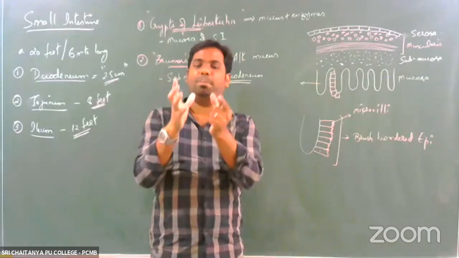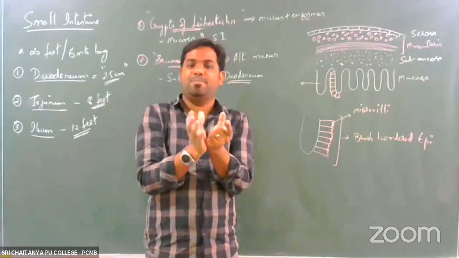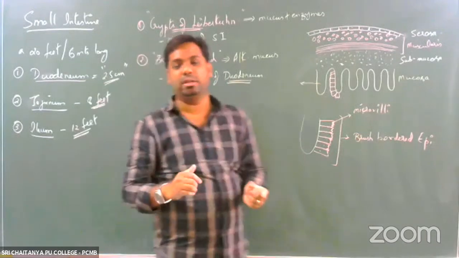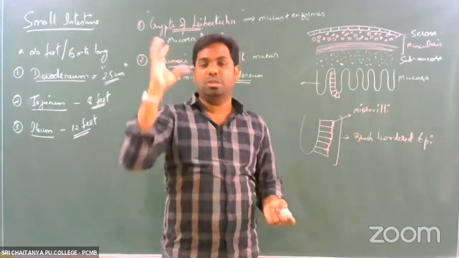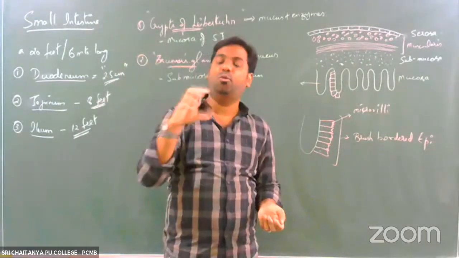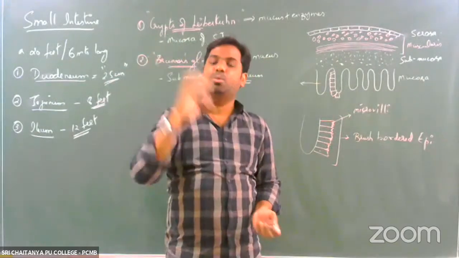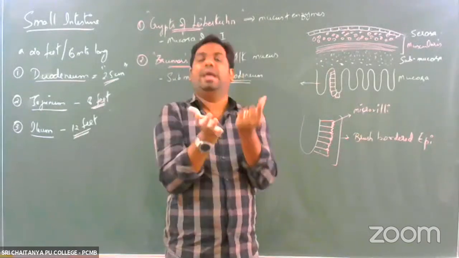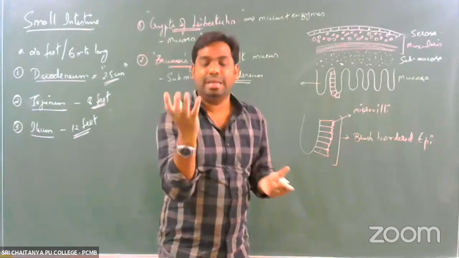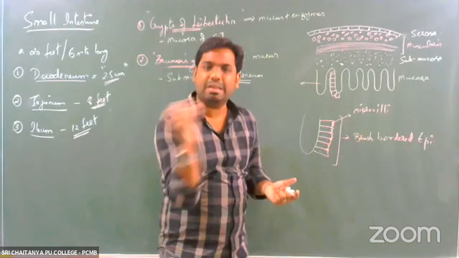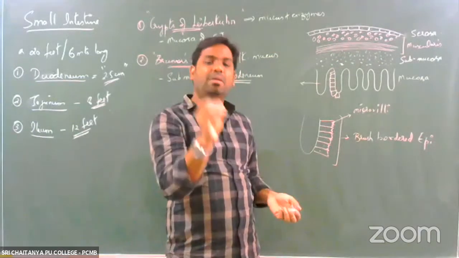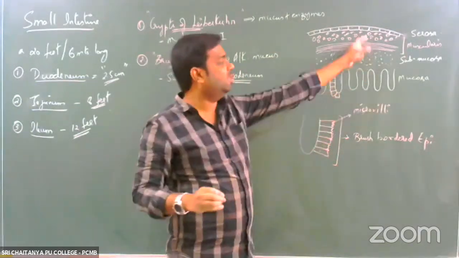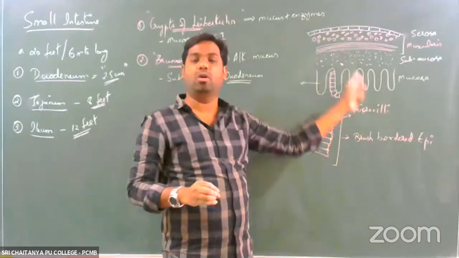Now, as the food gets partially digested in the stomach, that partially digested food, we know, is called the chyme. This partially digested acidic food, the chyme, as it moves from the stomach into the duodenum of the small intestine, is still acidic. Because of this acidic nature, it can bring about the degradation of the layers of the small intestine.